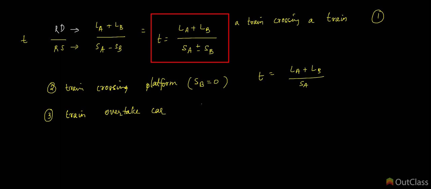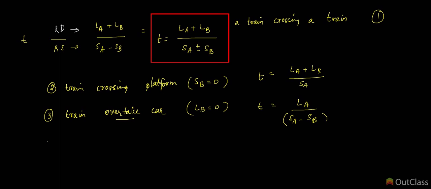It's so small that you can ignore it. So that's basically LB equal to 0. And then the time is LA by SA minus SB. Because we are saying overtake, I'm not gonna write plus or minus. It depends on the question. If the question says a car is going in the opposite direction, you would obviously write plus. But because I said overtake, I'm simply writing LA by SA minus SB.